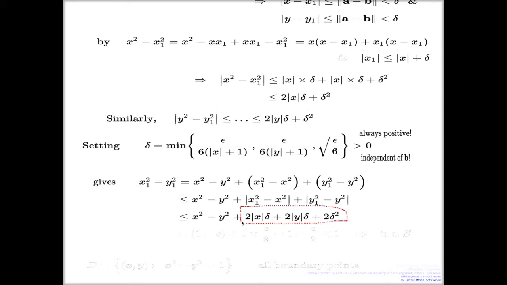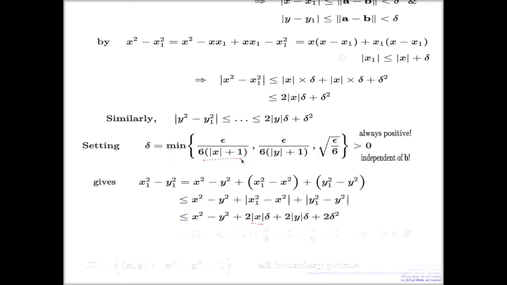And now my choice of delta starts to work. Look at this. This choice of delta now starts to work because delta is a minimum of these 3 numbers, it's certainly less than this. But if you replace your delta with this first part of my minimum, which will make the expression larger, absolute value of x will cancel this bracket.